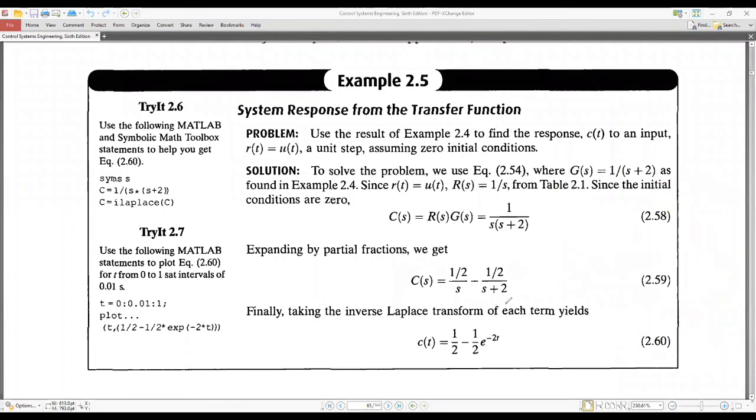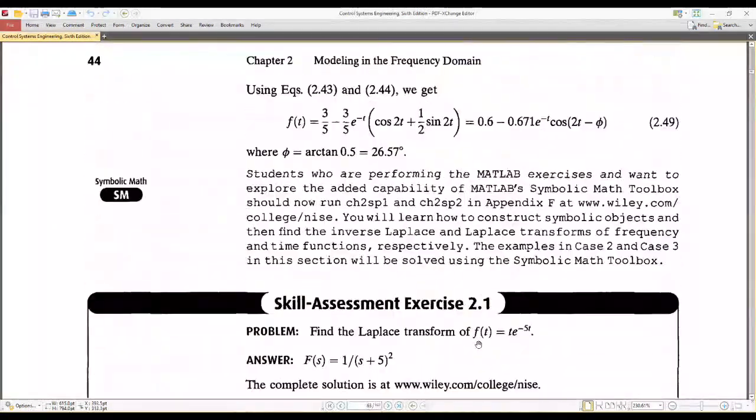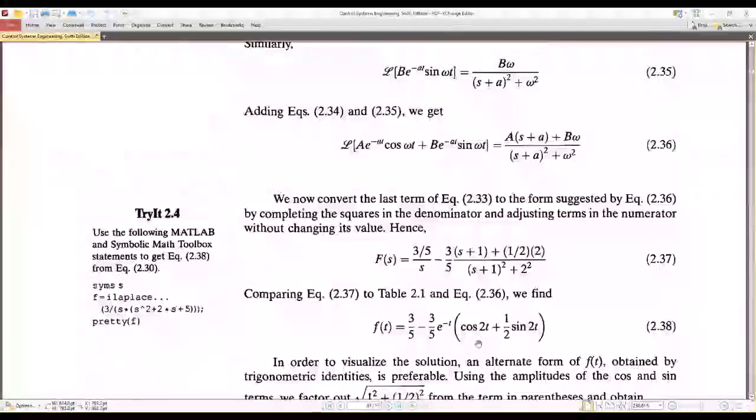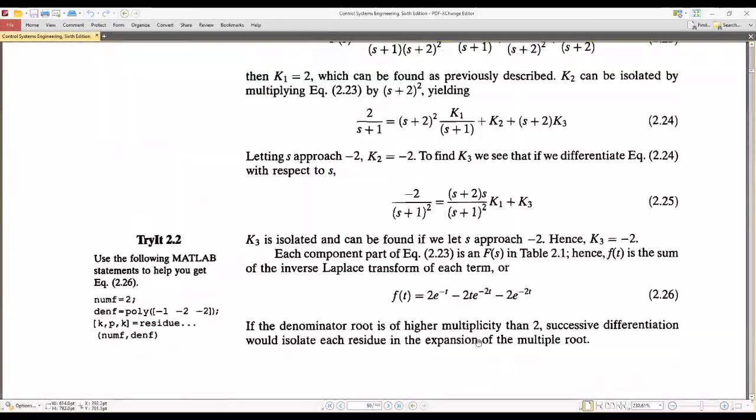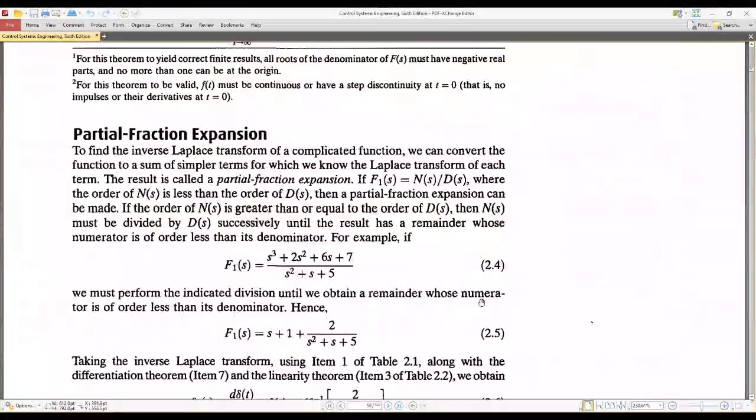Just check the table, then you will see it is actually delta t, the impulse. Then minus half, and instead of 1 by (s plus 2), since it is plus 2, it will be minus 2 here. How does it come? It comes from the table. The table is very important here.